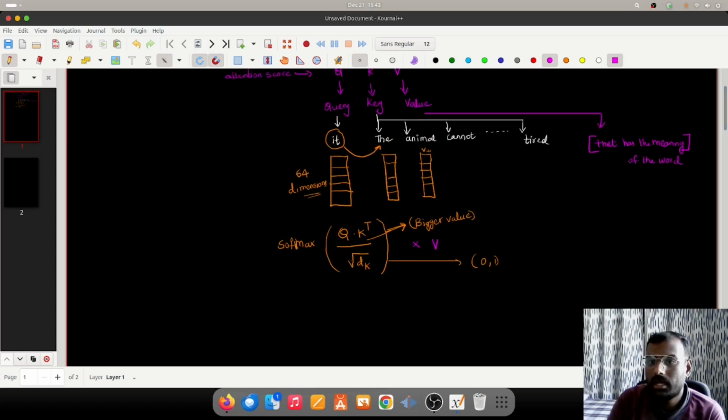So here the word animal has some value that is captured in this value. We will do the multiplication with that value.